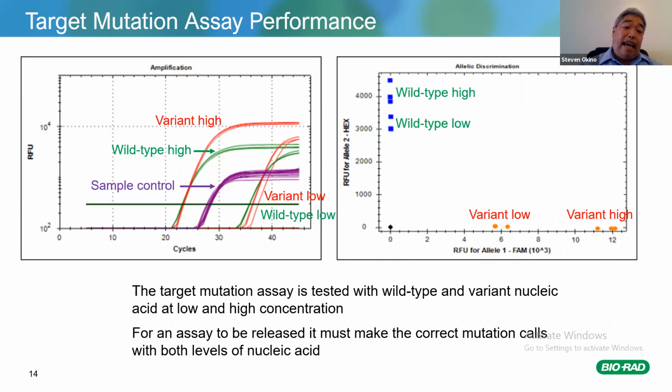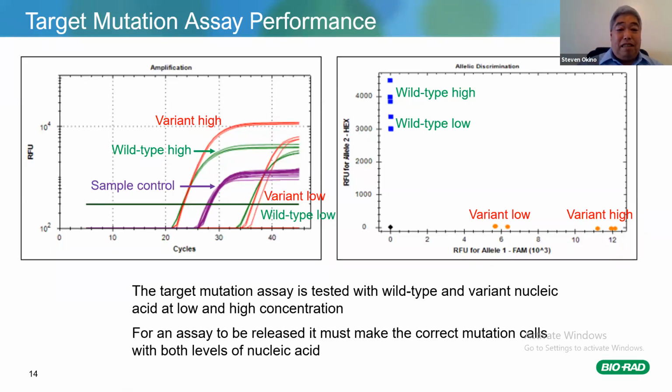The target mutation assay is tested with wild type and variant nucleic acid, and I use both a low and a high concentration. These are the PCR traces. So you can see here, the variant high is in red, it's picking it up. Wild type high is green. This is like many wells on a plate.